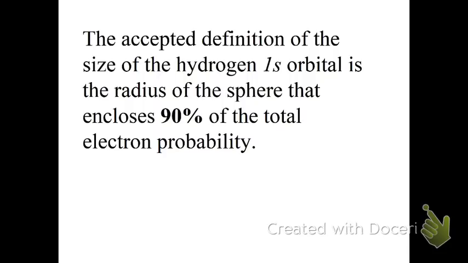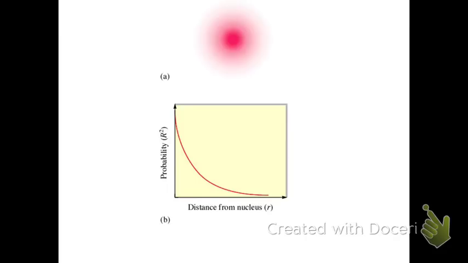So when we're doing electron arrangement, we're at 90% probability of where that electron is located. So we're going to be doing electron configuration. Hopefully, once we go through it, it'll be a review from Chem 1 where we did that. So here is just a visual of the distance from the nucleus and the probability of finding that. And that distance from the nucleus, r, is going to be important with Coulomb's law later.